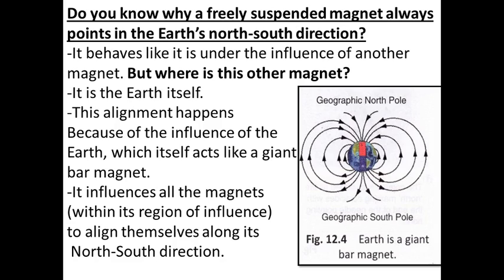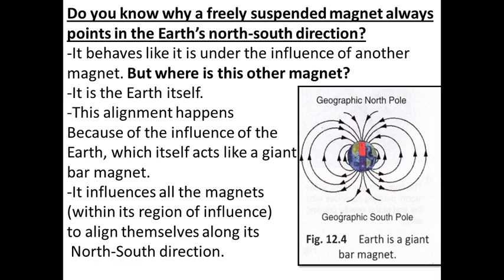Geographic poles, maybe you have learned in social studies: the north pole, south pole, northern hemisphere, southern hemisphere. Those positions are the geographic poles. But earth also acts as a magnet, which has magnetic poles.